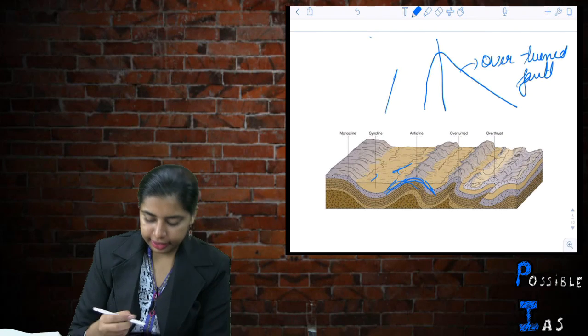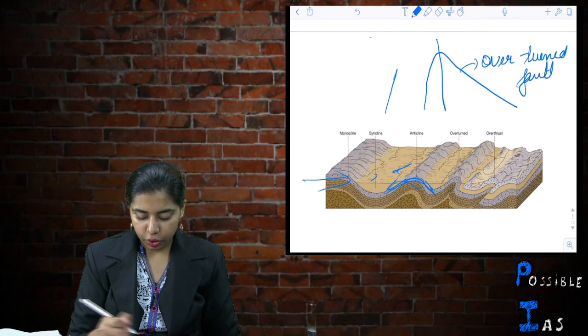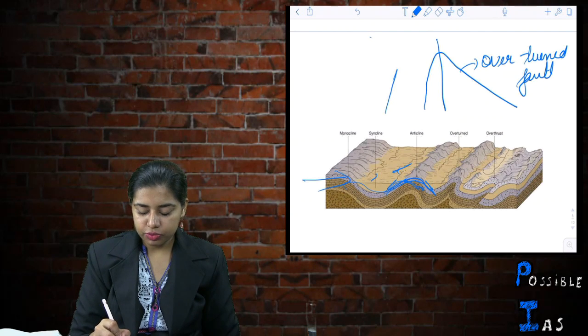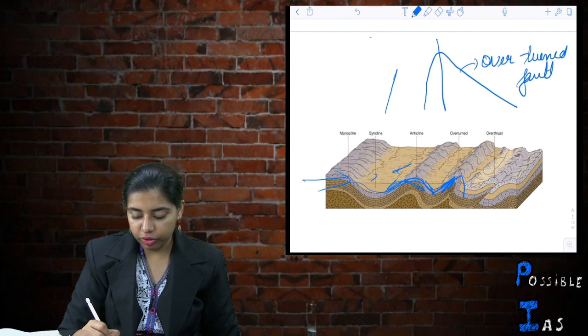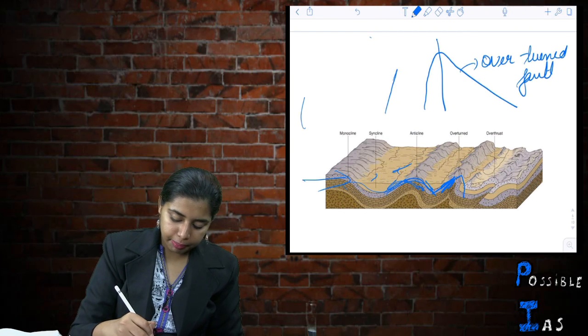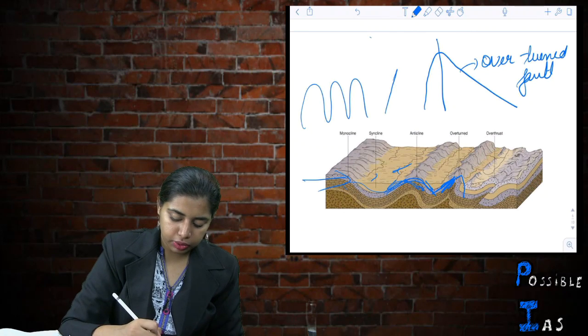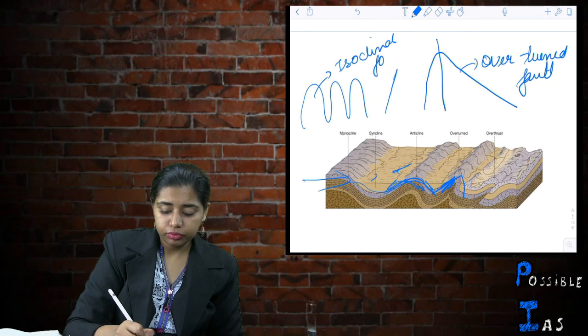Now you see in this diagram, the force is coming from this direction. First syncline and anticline were formed. Then it further compressed, so one limb started to become vertical and an overturned fold was formed. Then what happens with time? The two limbs become parallel like this. So this is known as an isoclinal fold.